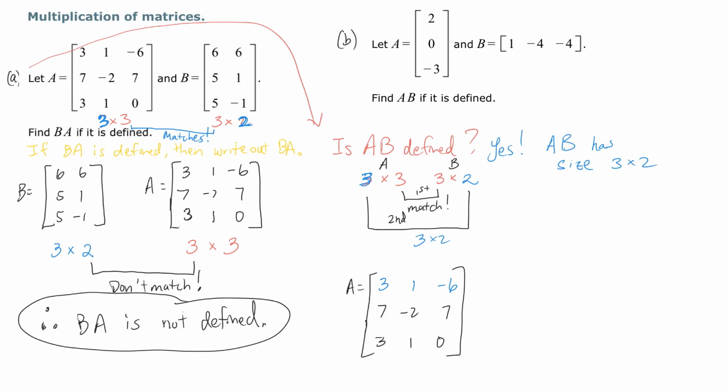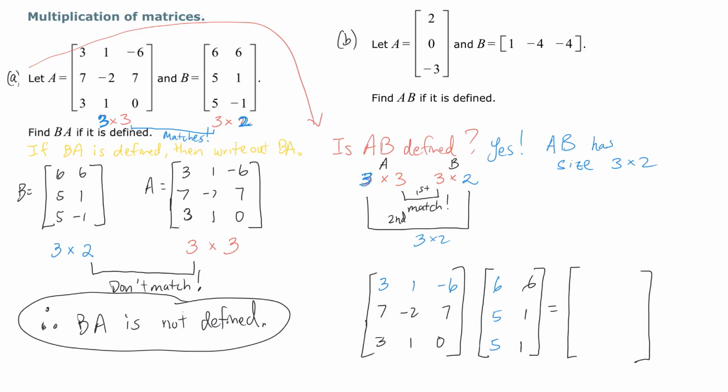And then I'm going to write B next to it. B is, I'm going to write it this way: 6, 5, 5. And then 6, 1, 1. And so you know the output has to be a 3 by 2 matrix.